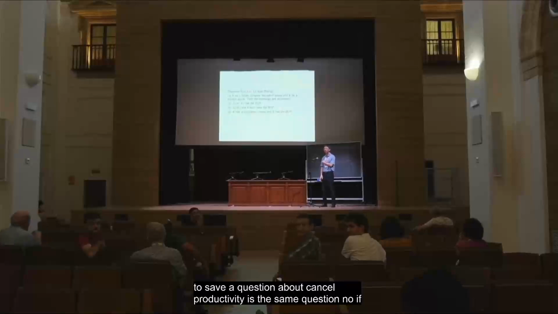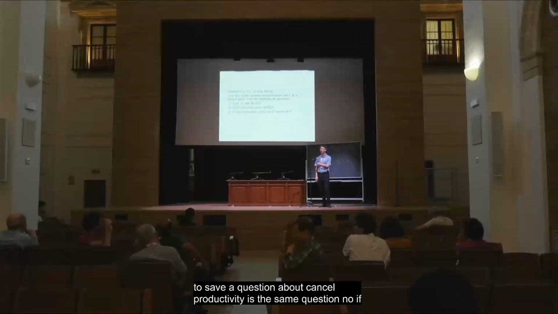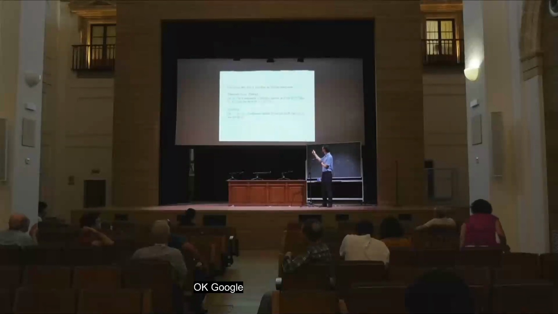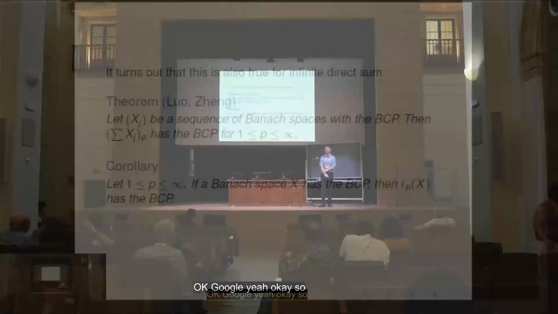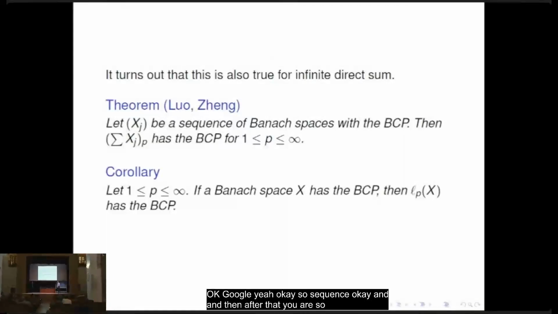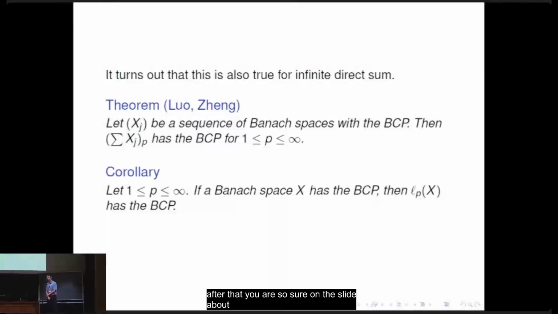Well, what I'm going to ask, maybe it's on the slides. Can you go back, because you showed a theorem where you prove the result for the sum of a sequence of X_i in the p-sum. And after that, you also showed a slide about hereditariness to one-complemented subspaces.